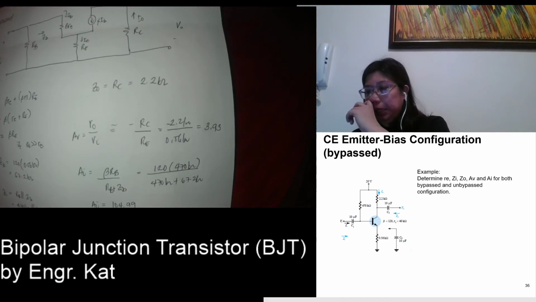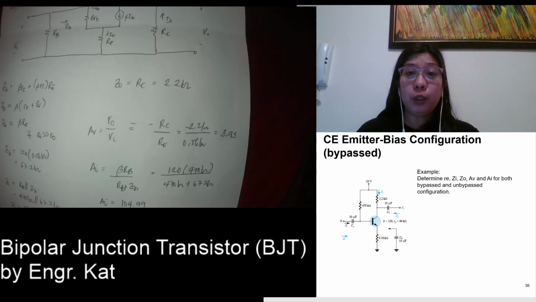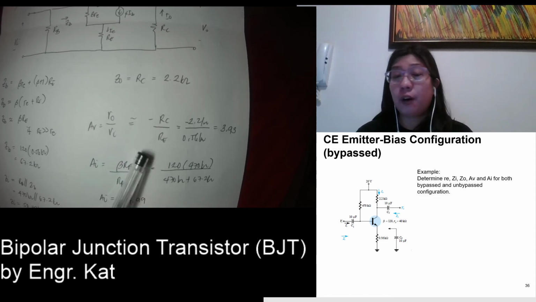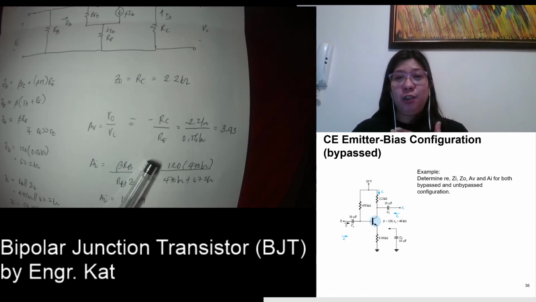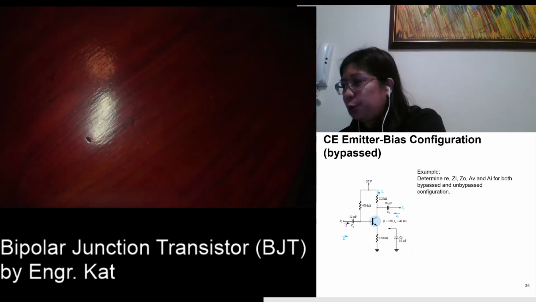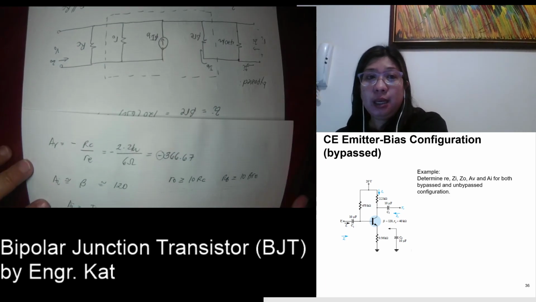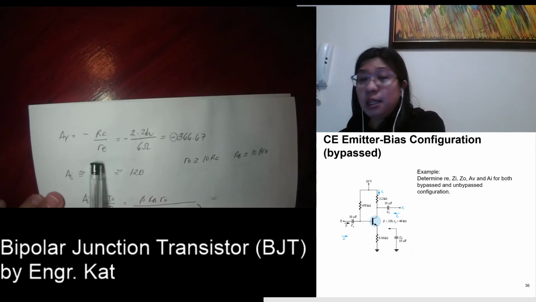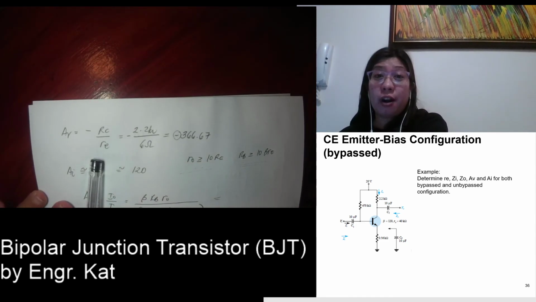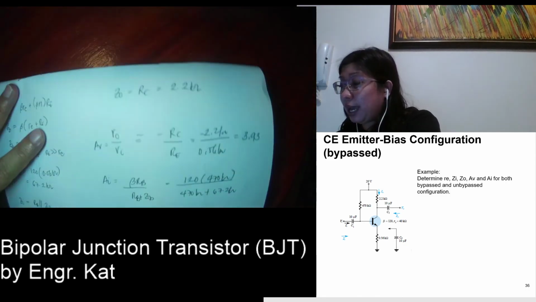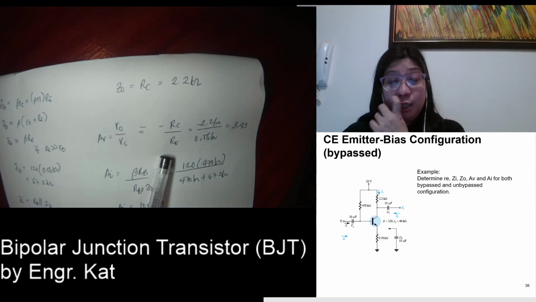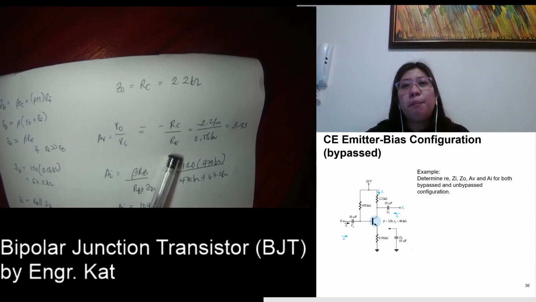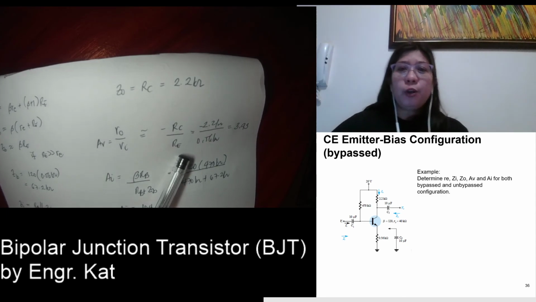So for the voltage gain, it will become negative RC divided by RE. But take note, unlike earlier, we have here RC divided by small re. In this case, class, we have capital RE. So this is the effect when you do not bypass your RE.